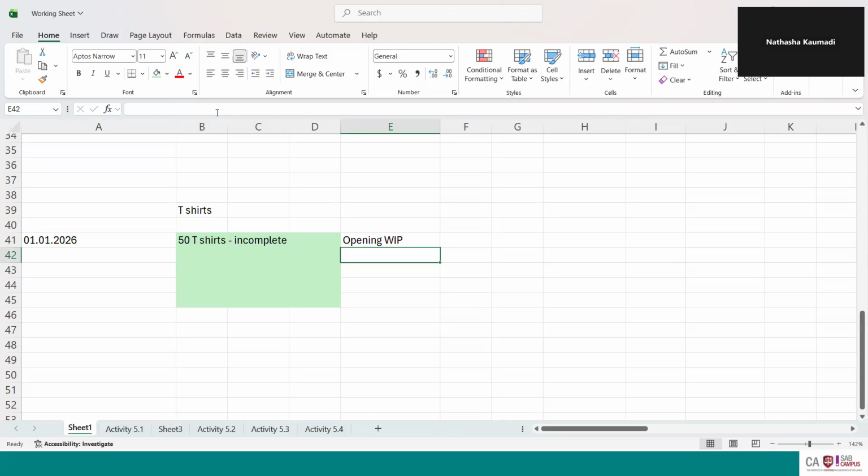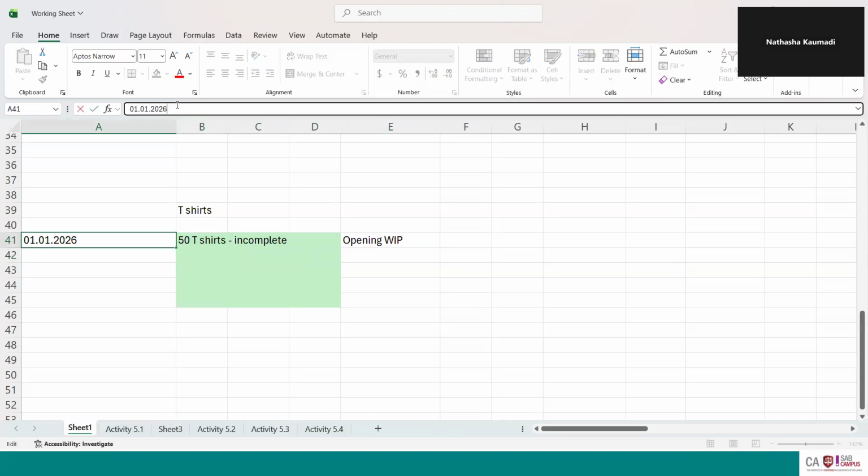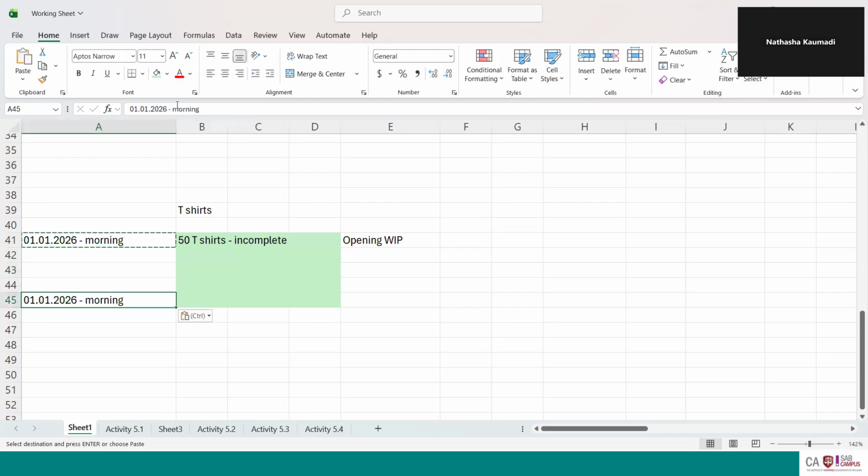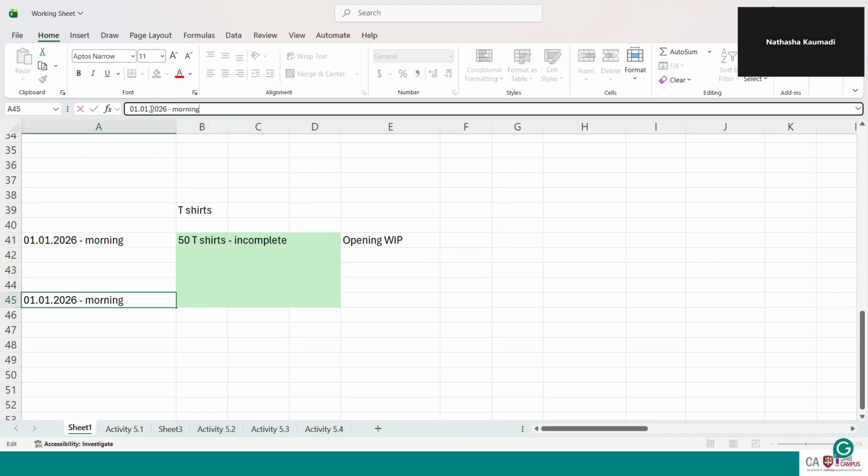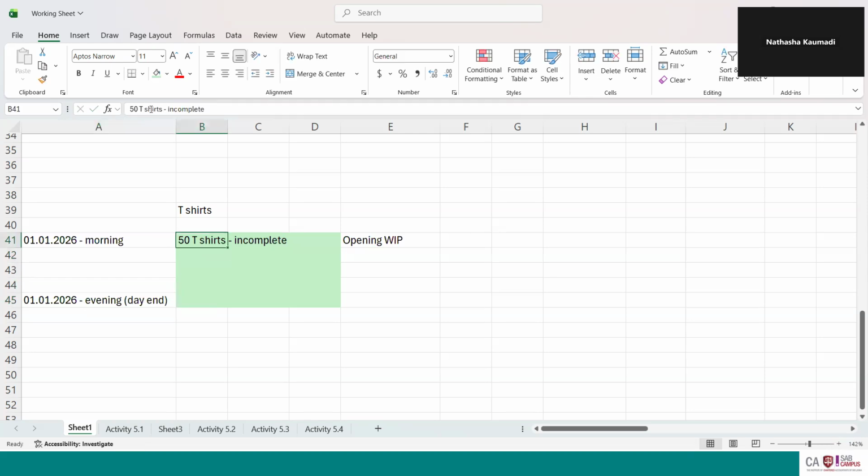And then at the end of the day, this is morning. This is morning. And then at the end of the day, at 5 p.m., evening, day end. After completing everything, you were trying to complete these 50 t-shirts, and then you may have started new t-shirts, whatever the thing.